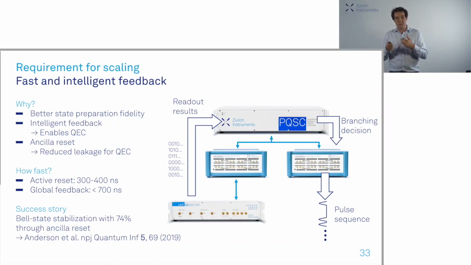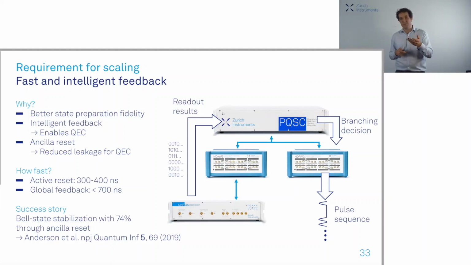And then in that way, you can really make sure that an error which happens at some part of your system can be corrected maybe at a different part. And the active reset, we can typically do within 300 to 400 nanoseconds. The global feedback, which is really enabling the scaling up, we do in currently less than 700 nanoseconds, but we're continuously improving on both of these figures.